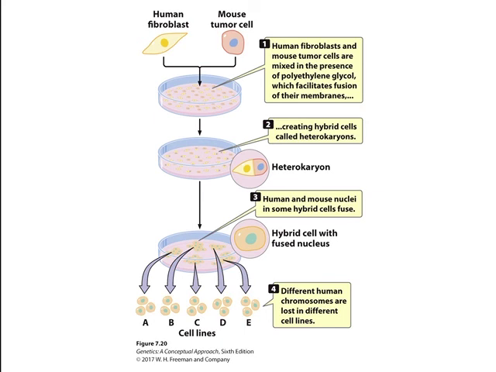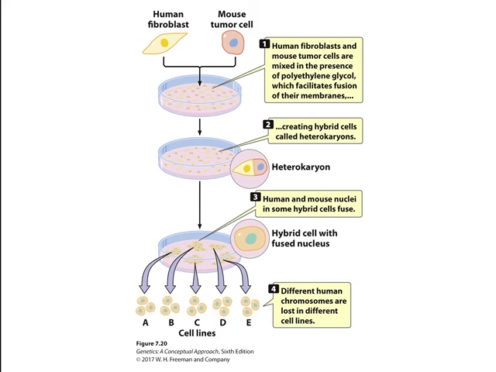Chromosome loss is random and differs in cell lines, and the presence of these extra human chromosomes in the mouse genome makes it possible to assign human genes to specific chromosomes. The heterokaryon, thus, is the cell that has two nuclei derived from different cells through cell fusion. So basically, you fuse the cells, you let them grow and divide, and eventually you get down to one or two human chromosomes in that tissue culture.